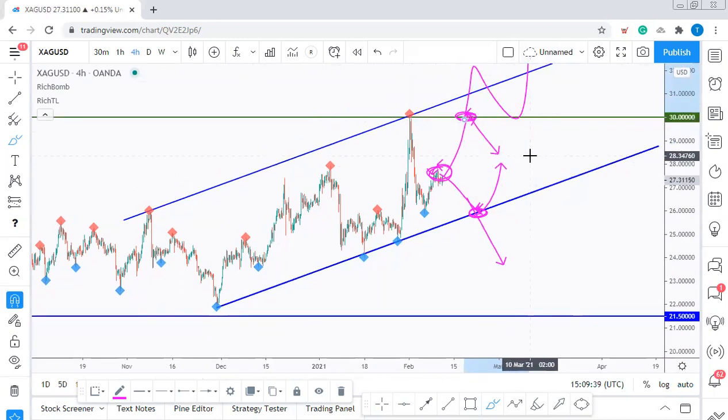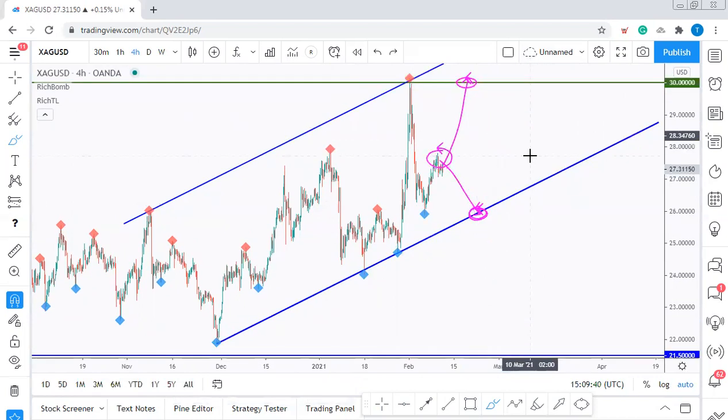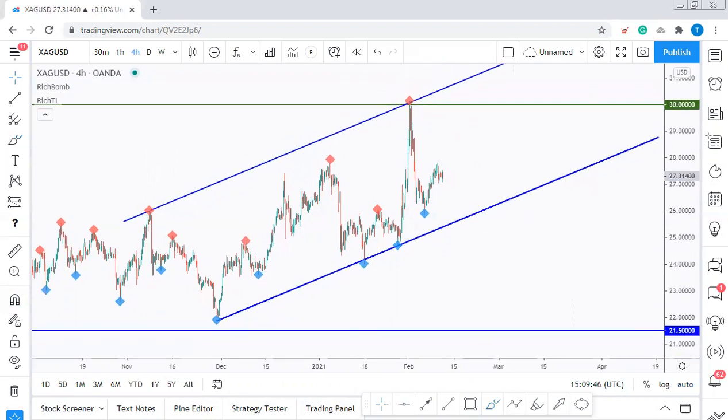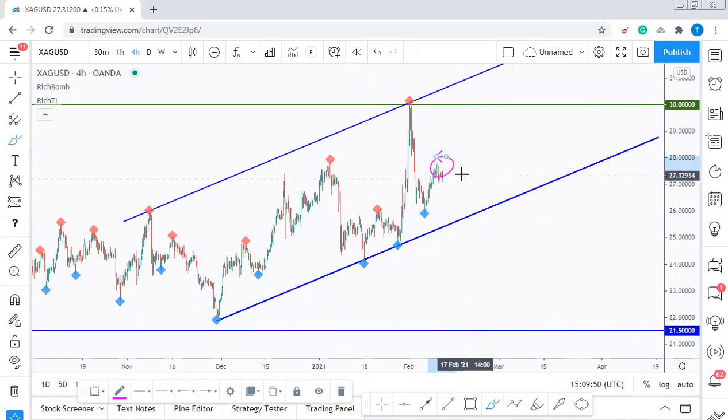In this case, let me get it straight. So long story short on silver, price is currently sitting inside the channel. We are not interested in buying or selling. We'll be waiting for price to approach this area to look for buy setups, right?